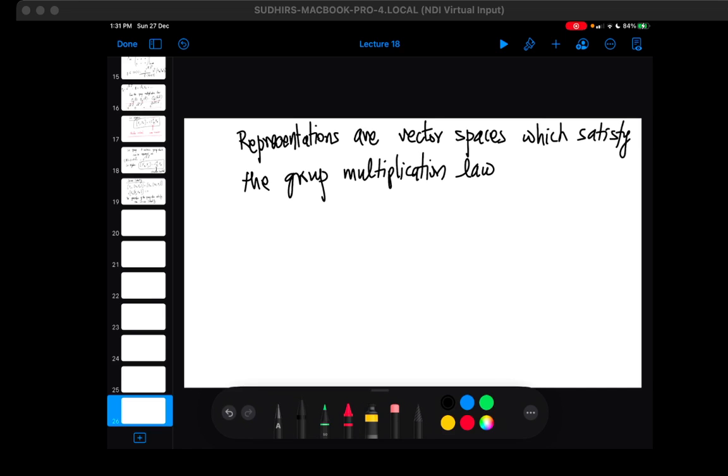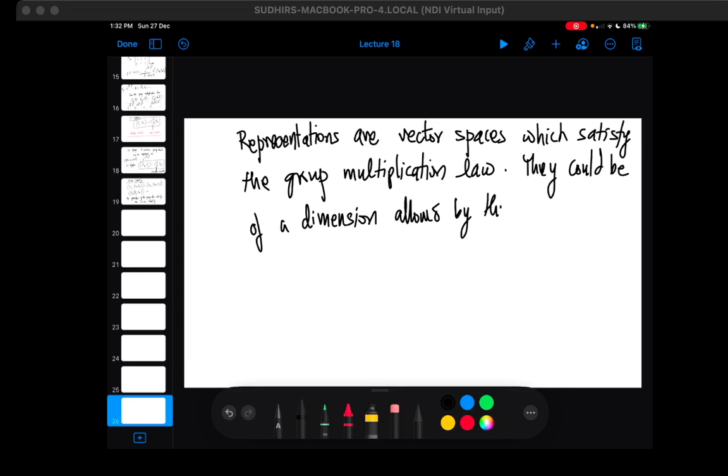Representations are essentially vector spaces which satisfy the group multiplication law. So they could be of any dimension allowed by the group multiplication law.